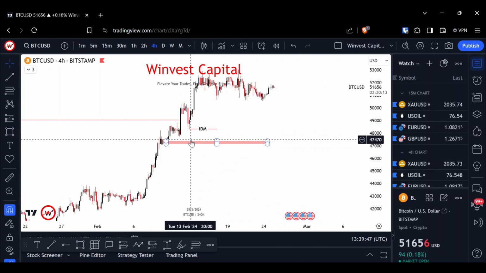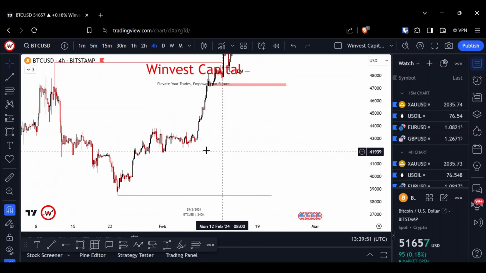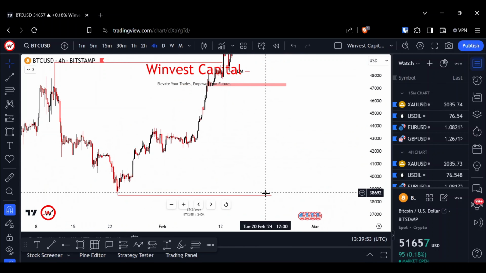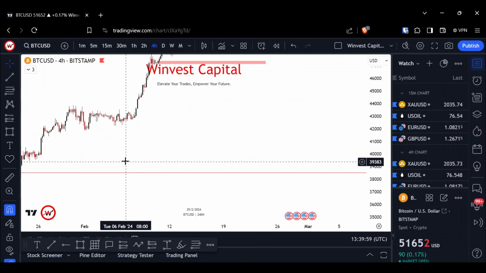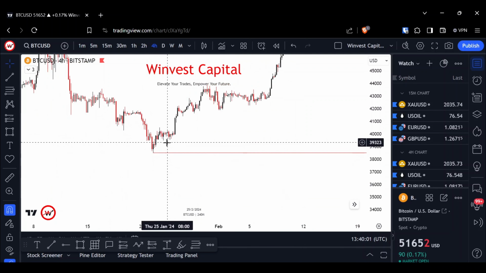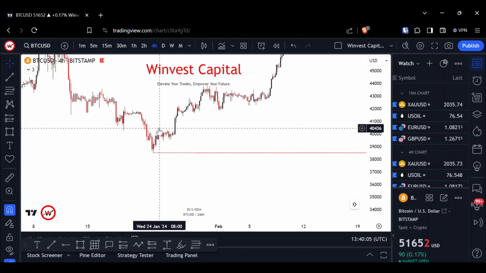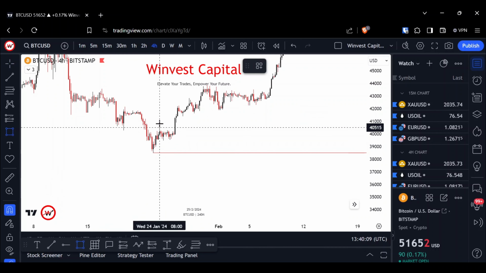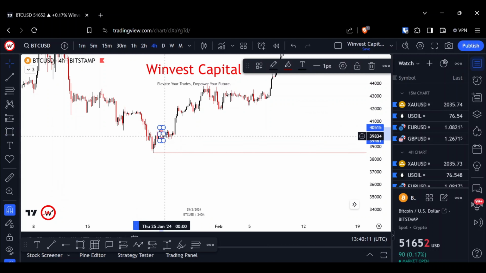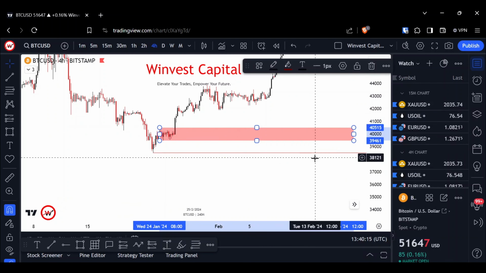No order flow. And for this structure, this would be our major support. And let's take a look. This would be our order flow.